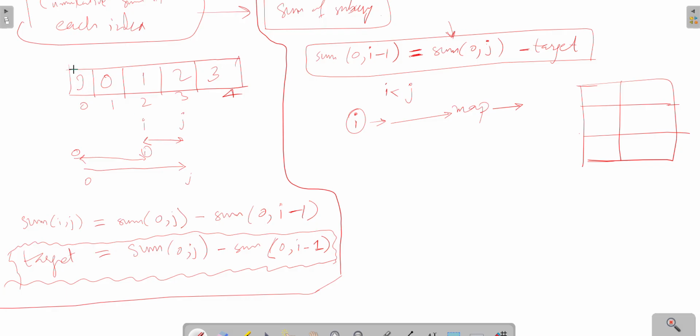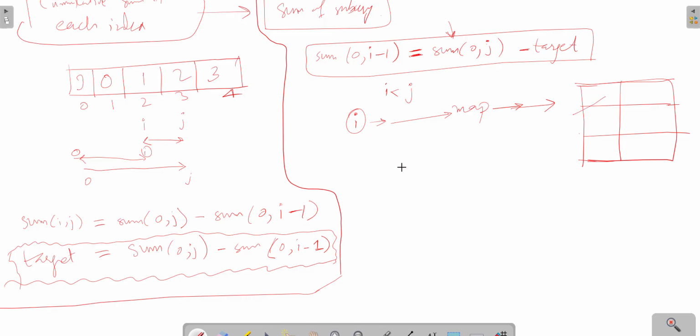So first you'll have the cumulative sum, and then you'll plug it in, do the calculation, and come up with a number. Then you'll check whether this number is something that we have already seen. Now, how do we determine we have seen something or not? We do it using the map. Now, on each iteration, we would store the cumulative sum to the map.